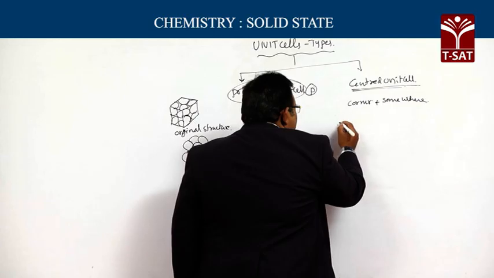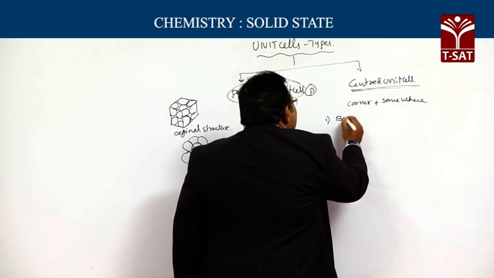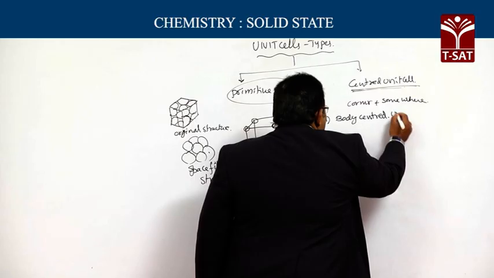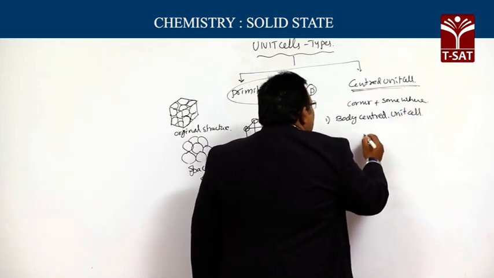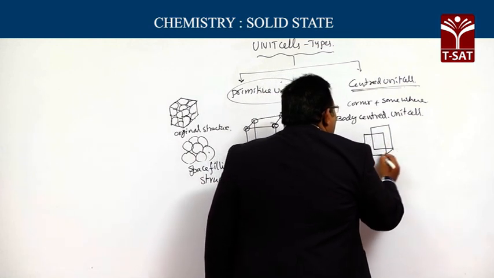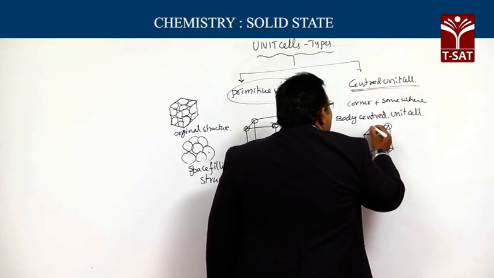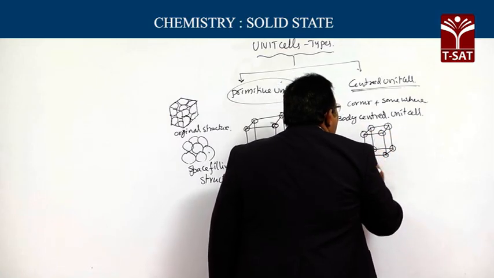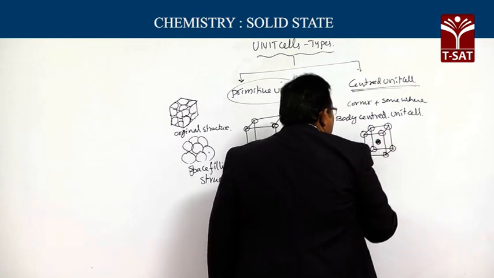So, centered unit cells are either body centered unit cell. If you look at this, in body centered unit cell, spheres are at corners and one sphere is at body center.